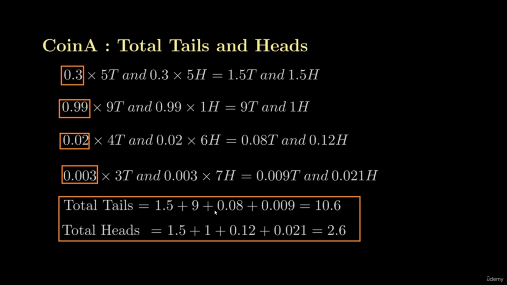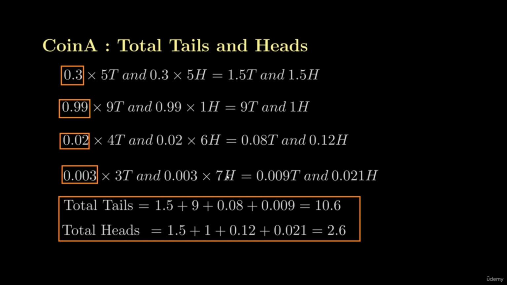So total tails are 10.6, and similarly, if we add all the heads here, the total heads, that is 1.51, 0.12 and 0.021, the total heads are 2.6.